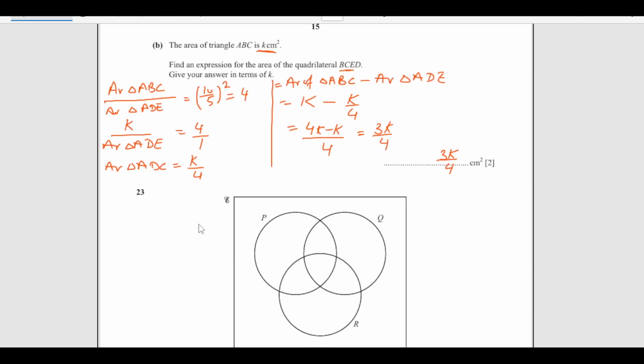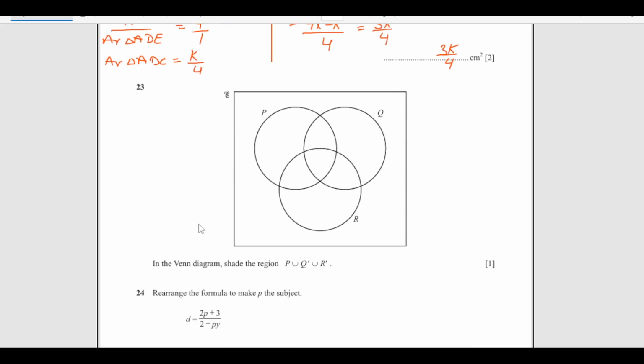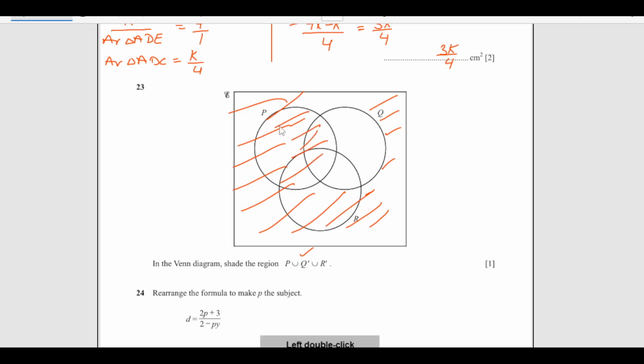Okay. Now number 23, in the Venn diagram shade P union Q dash R dash. Q dash is all the part leaving this whole thing. And R dash is also leaving R and the remaining part, so it will include this also. And then we have P union this, so also this will go.